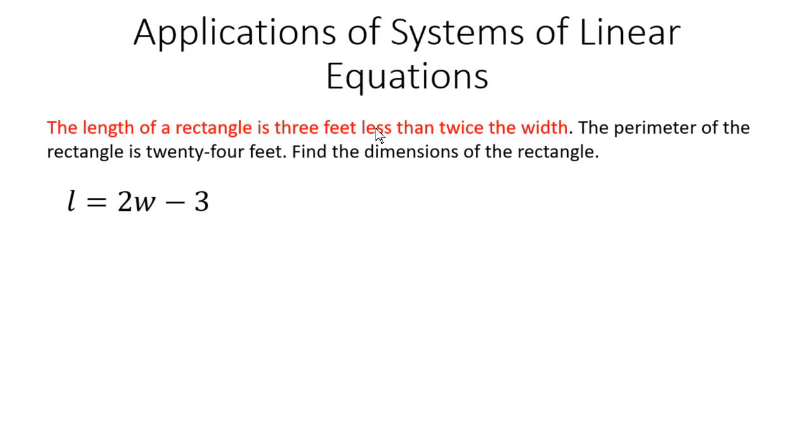Twice the width is 2 times W. So there we have an equation for the length in terms of the width: L equals 2W minus 3.